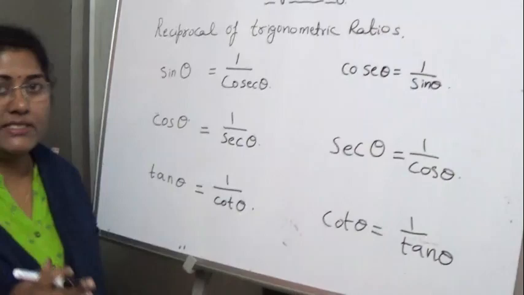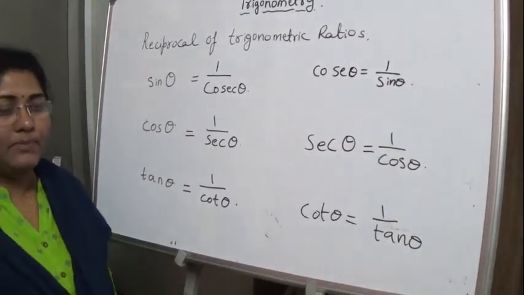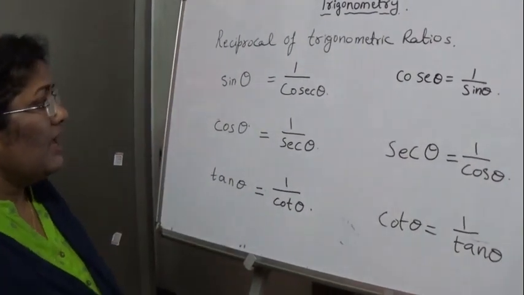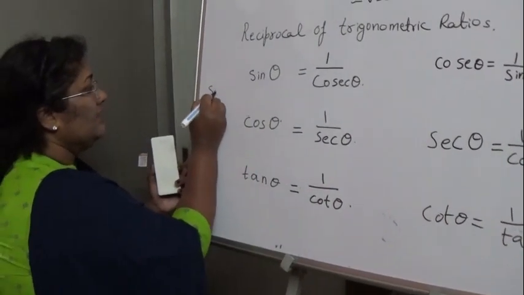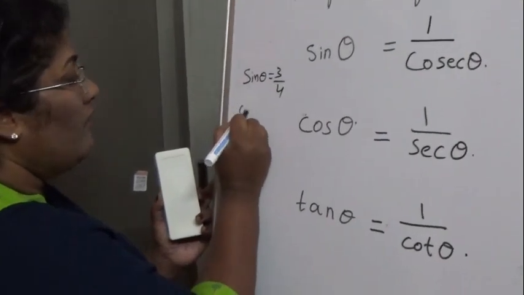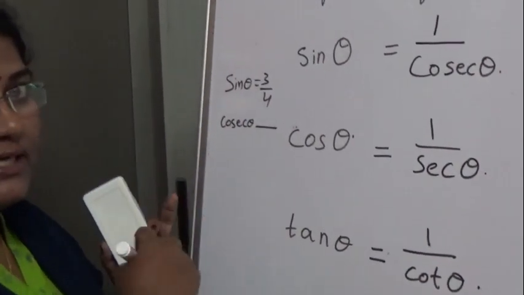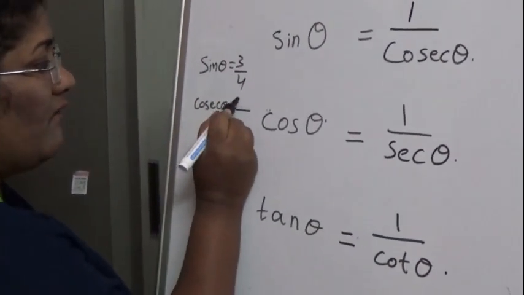These are the reciprocals of the trigonometric ratios. For example, if sin theta is 3 by 4, then the value of cosec theta is found the inverse way, so cosec theta is 4 by 3.